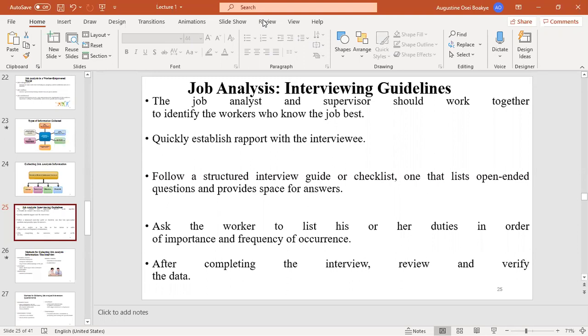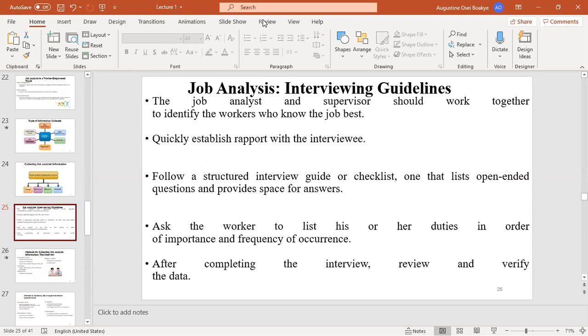Now, a disadvantage of the interview method is that it is actually time consuming. You can imagine if in a department or in an organization, you have thousands of employees and you have to communicate or interview them one by one by inviting them every day and so on and so forth.